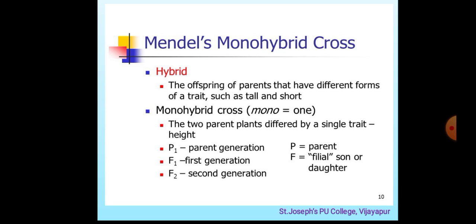When you come across the monohybrid cross, you find one important term, that is a hybrid. Exactly, hybrid means what? The offspring of parents that have different forms of a trait, such as tall and short.